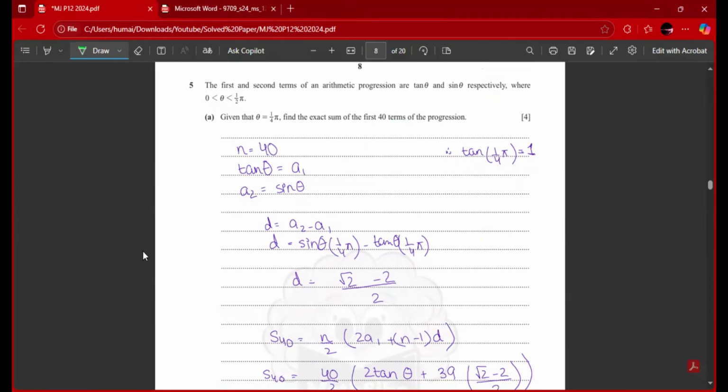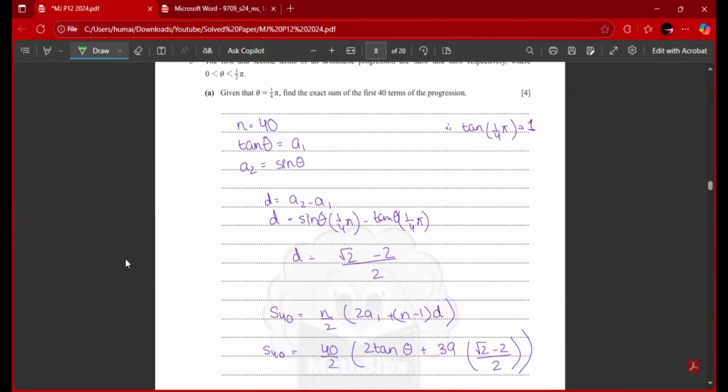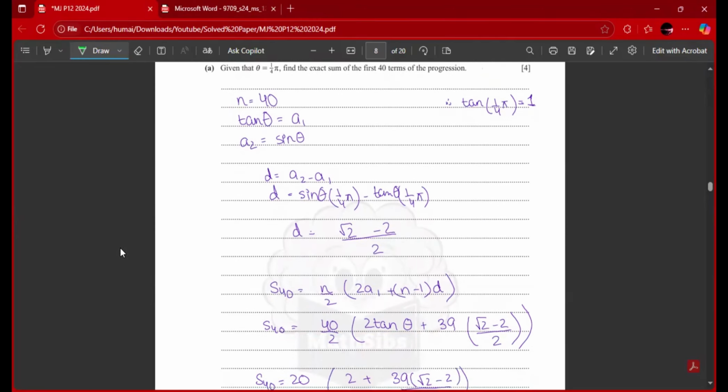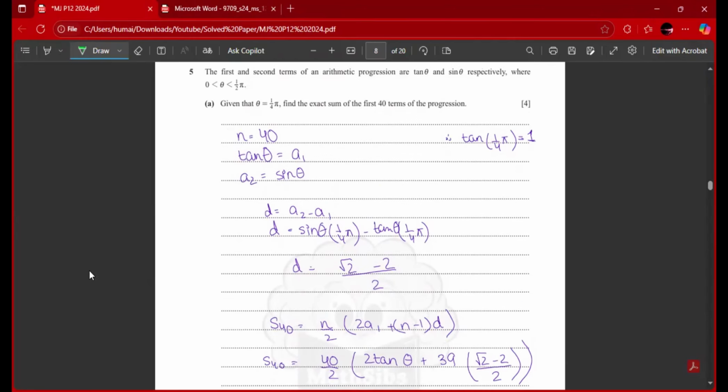Okay. N is equal to 40. Our first term is tan theta. Our second term is sine theta. In arithmetic progression, we know there's a common difference that is the same between two terms. Not any two terms, adjacent two terms. So we are going to take theta as 1 over 4 pi. Let me confirm what 1 over 4 pi is in degrees.